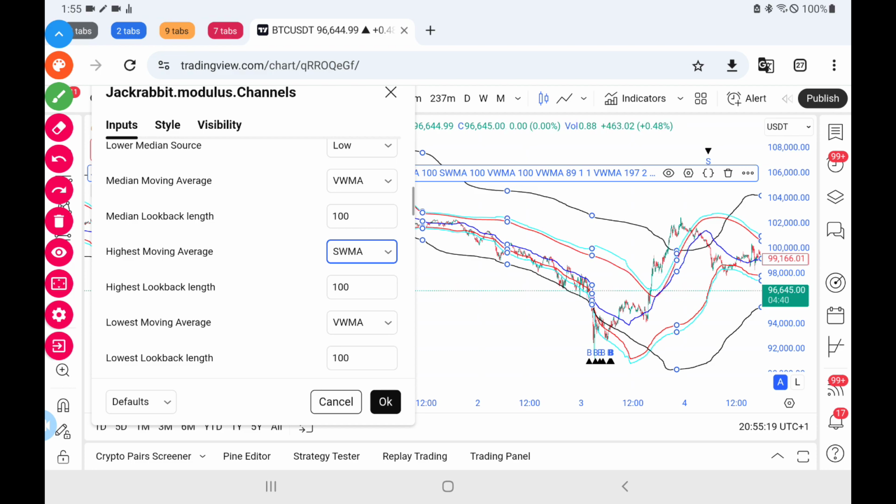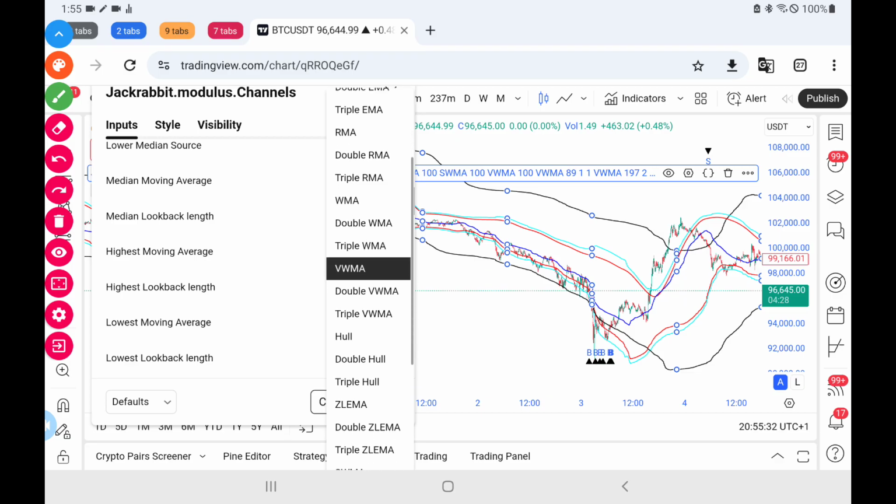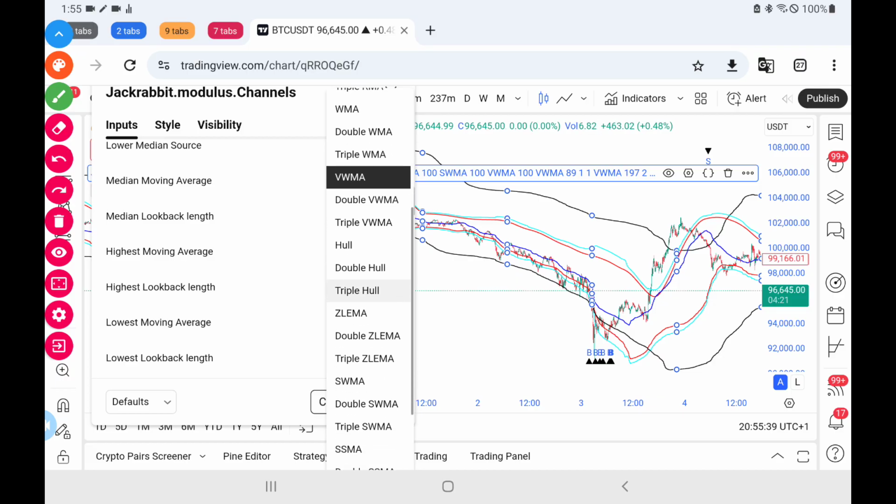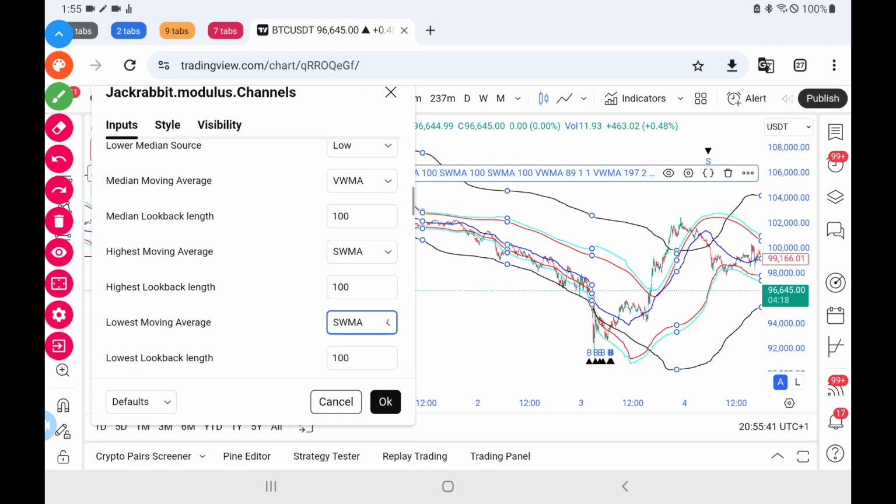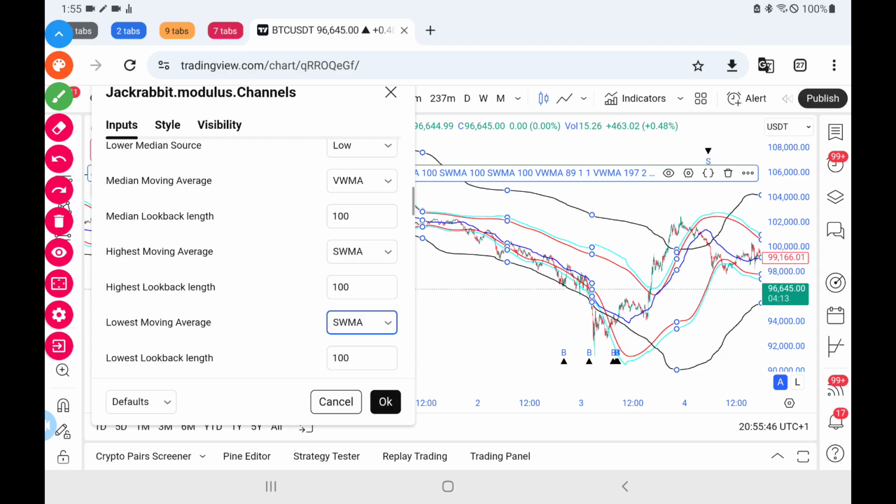So the ATR now mirrors the high, but the high is based upon a sine weighted moving average of the median. Let's change the lower volume weighted moving average into a sine weighted as well, and see how the impact is in relation to what we are doing. And we can see we get even better results.